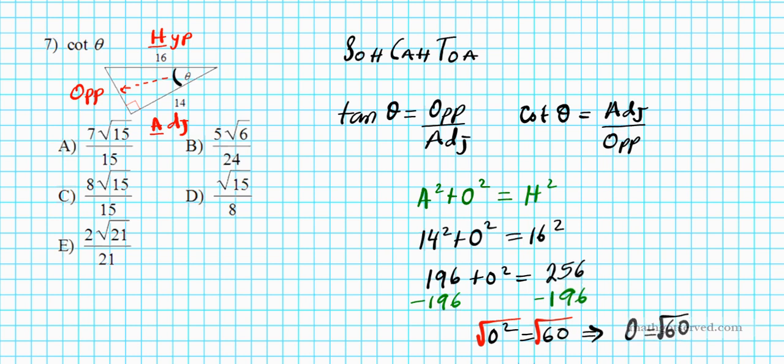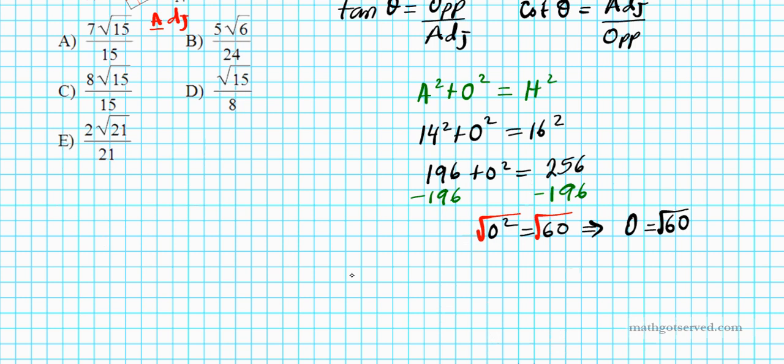Now we have to reduce that into its simplest form. So if we want to break down 60, let's extract prime factors. We can take out 2 since it's even. That leaves us with 30. This is still even. Take out another 2. That leaves us with 15. Take out a 3, and you have 5. Now we're going to look for factors that repeat, because when we take the square root of repeated factors, we just end up with one of them.